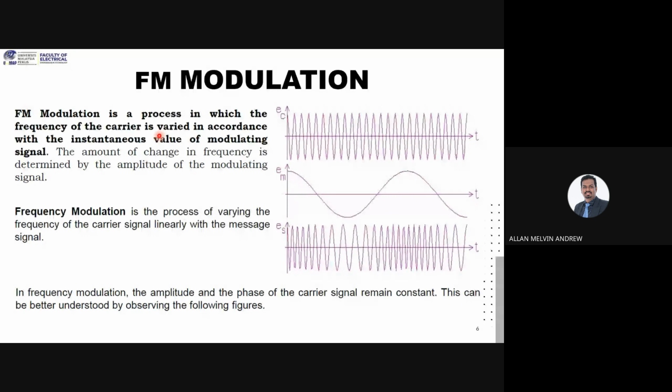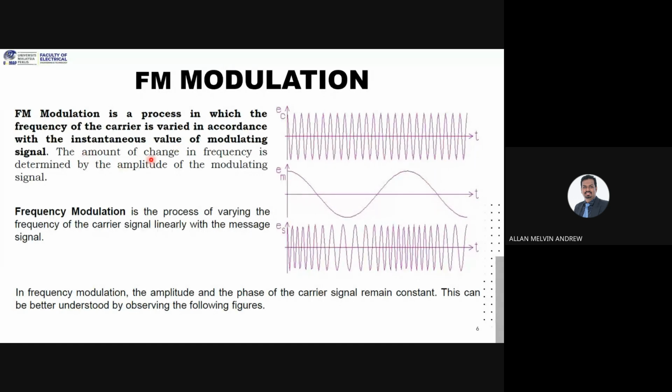That is what we call the instantaneous value of the modulating signal. As it goes down, you can see it started to have more gaps. When it goes to negative, there is more gap, and when it starts to go up, it gets closer. So it can have compression and also suppression and expansion of the waveform. Information you can attach in between.